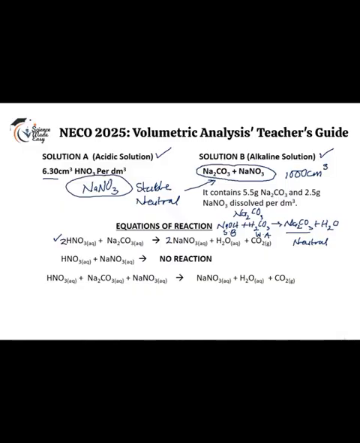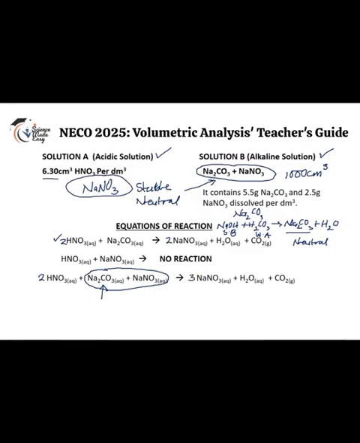Another possible reaction is HNO3 plus NaNO3, and in this case there is no reaction. Then the third possible reaction is HNO3 reacting with this mixture. However, in this mixture, this is the compound that will react or neutralize HNO3, and at the end of the day we have NaNO3 plus H2O plus CO2. In balancing this now, I would have 2 HNO3 here and 2 NaNO3.